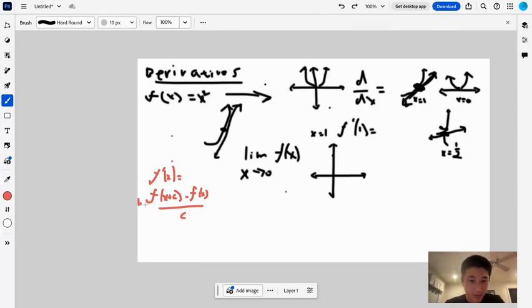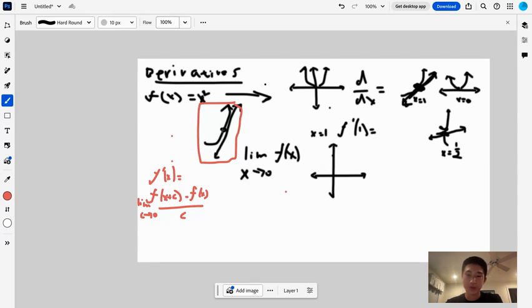Excuse me, let me just make this a little bit clearer. So let's think back to the definition of the derivative, or basically the slope of the function at a certain point. Let's say we want to find the slope at this value, so y equals x squared, at x equals 1.